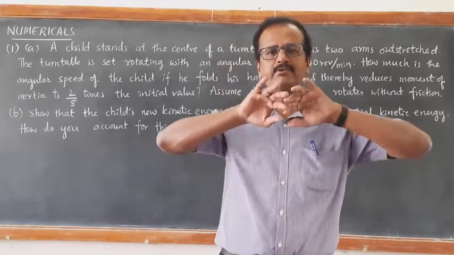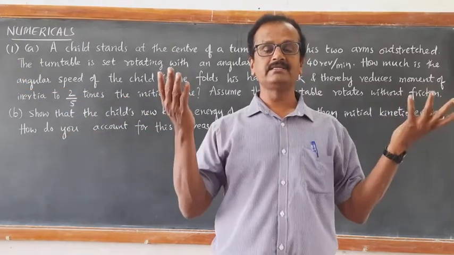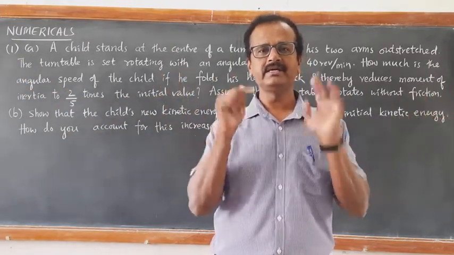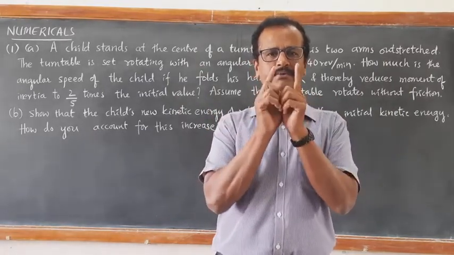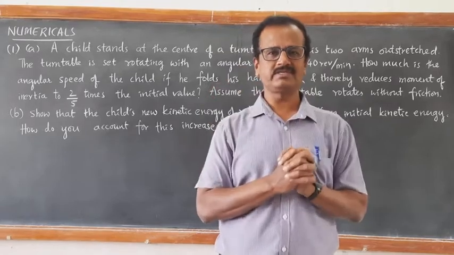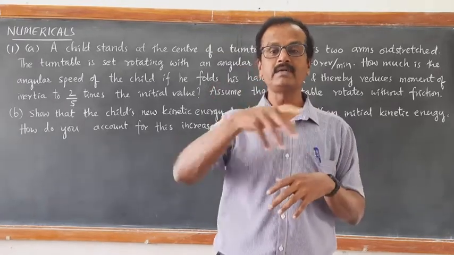But when you push those weights away from your body, moment of inertia increases, angular velocity decreases. As a result, you should note that the product I omega remains constant. This is what we see on a swivel chair.